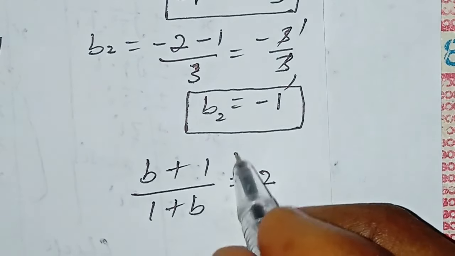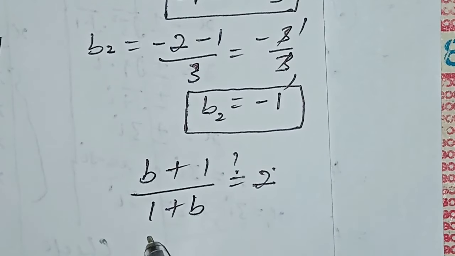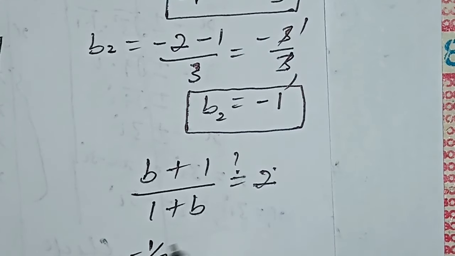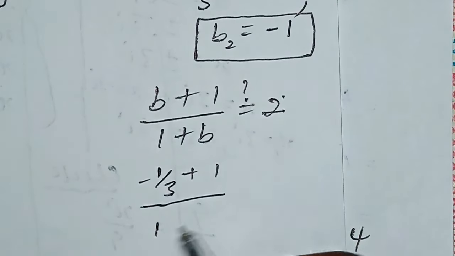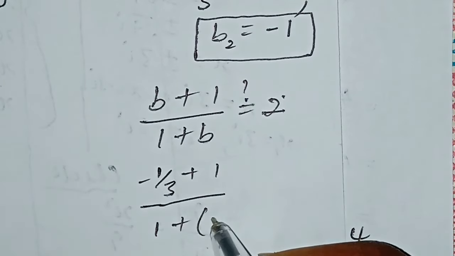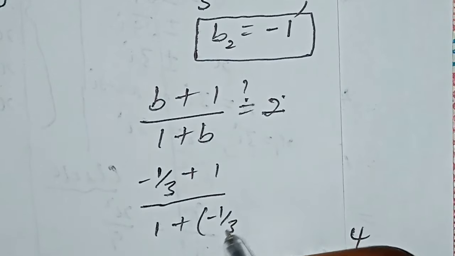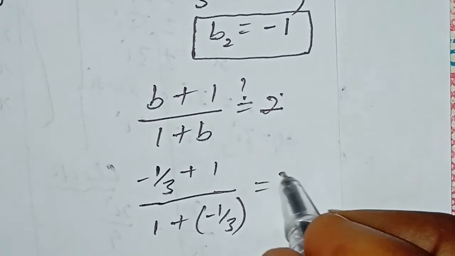So would that be equal to 2? That is b equal to minus 1 over 3, then plus 1 over 1 plus, in brackets, minus 1 over 3. Would that be equal to 2?